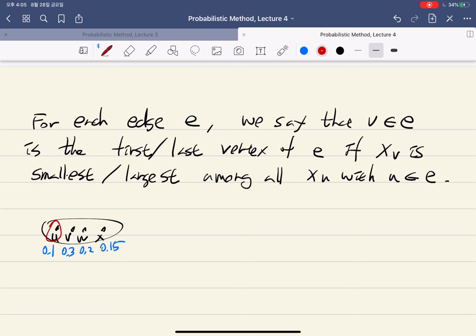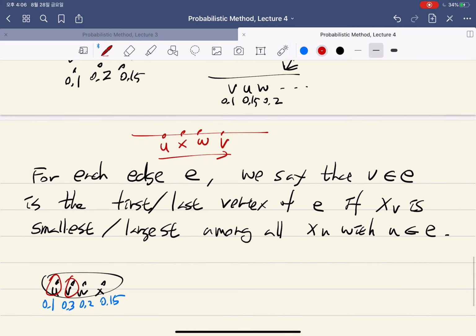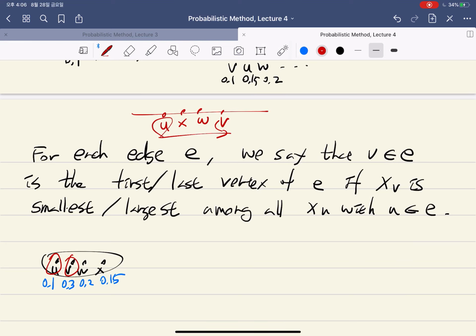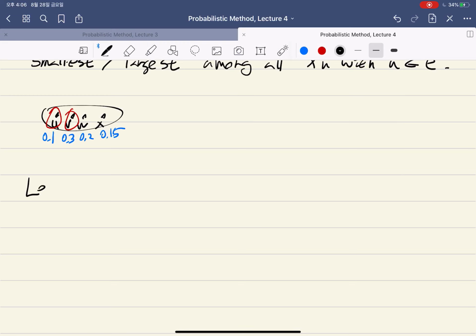Then this is the first vertex and this is the last vertex, because if you enumerate them, you get the vertices in the order U, X, W, V. So this is the first vertex and the last vertex. And now what we do is we take the 0-1 interval and divide it into 3.